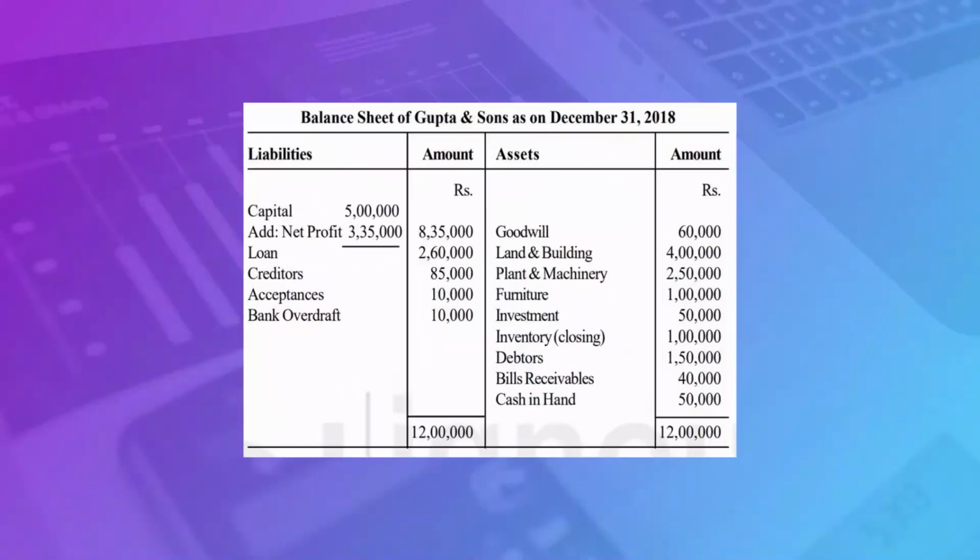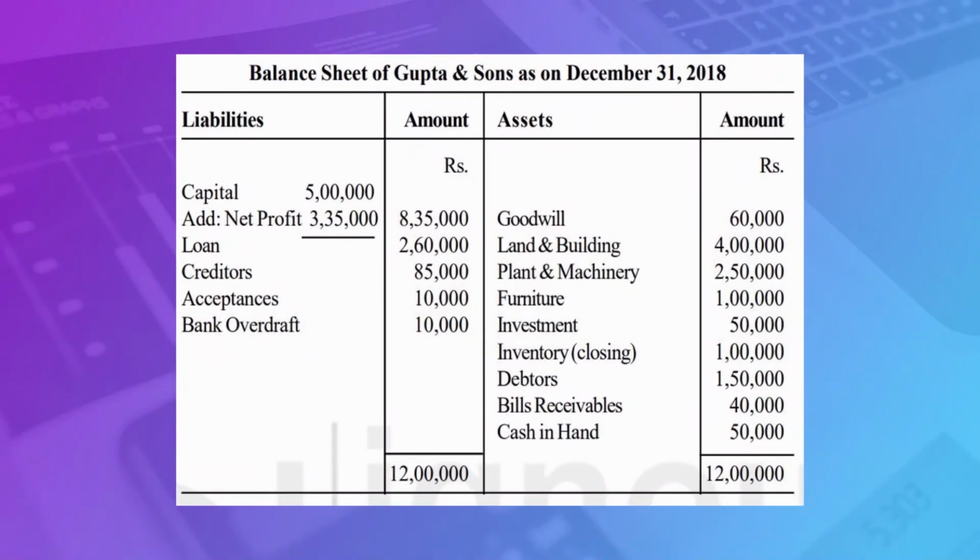So, this is the total of the credit side of profit and loss account, this is the total of debit side of profit and loss account. Now, we will see how the balance sheet is prepared. So, this is how a balance sheet will be prepared.